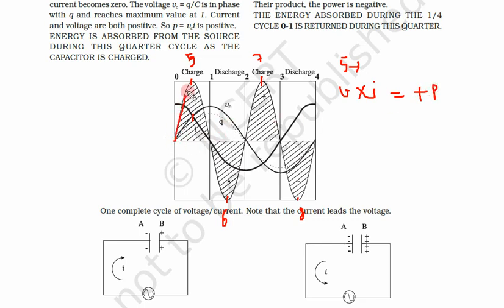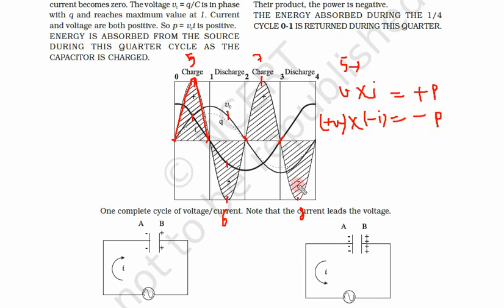That's why some power is consumed here. At the earlier points it was 0. Now let us see at point 6. Here the current is negative, it is minus I, and voltage is positive. So what we get? Negative power.